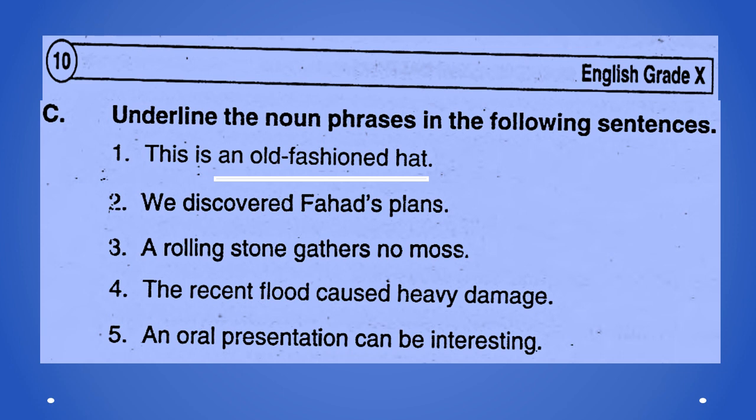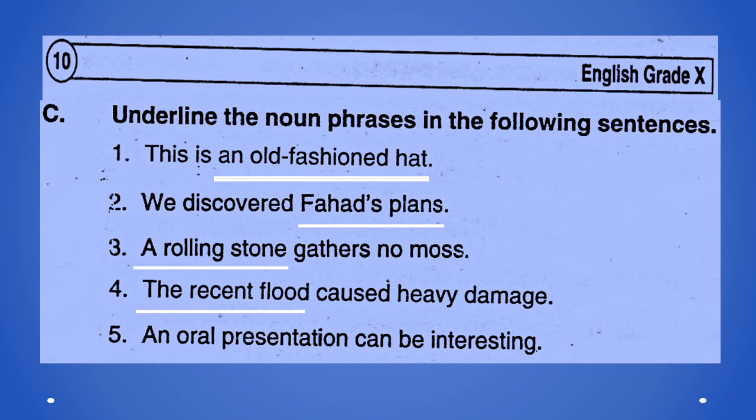2. We discovered Fahad's plans. In this sentence, Fahad's plans is a noun phrase. 3. A rolling stone gathers no moss. A rolling stone is a noun phrase in this sentence. 4. The recent flood caused heavy damage. In this sentence, there are two phrases. The recent flood: here, flood is the head word.